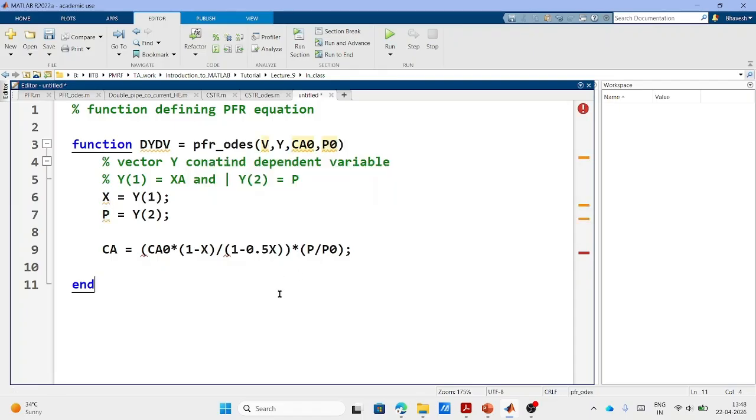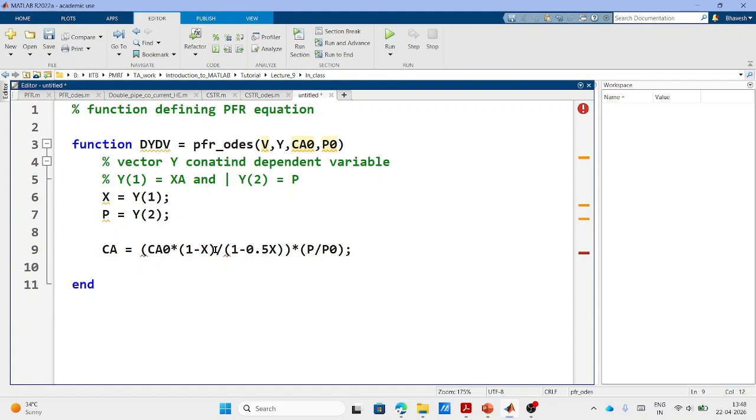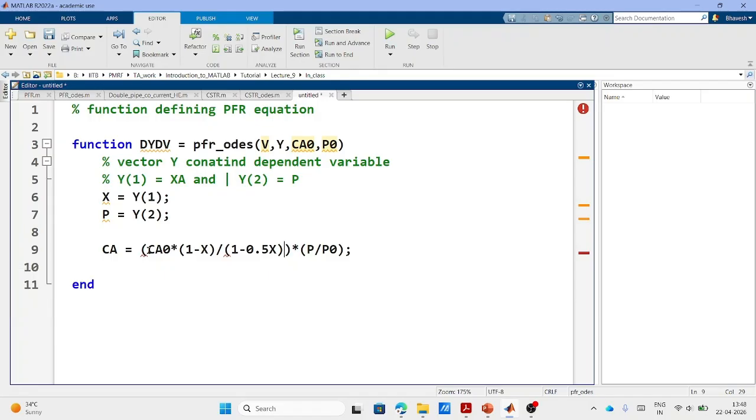Once I do that, it will update this value P by P0. Might be missing brackets. What happened? This is correct.